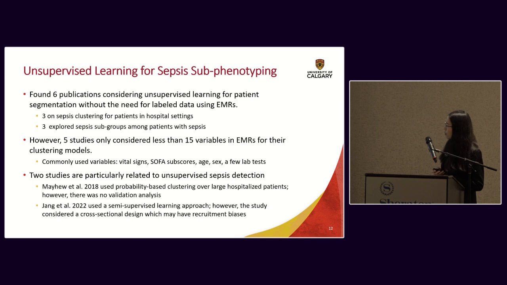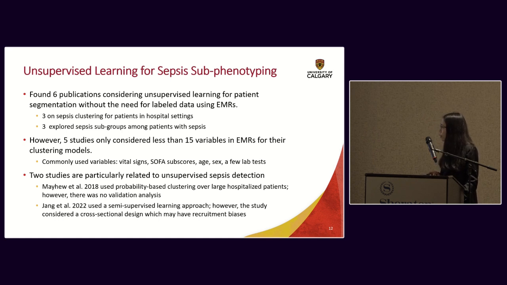And 2 of these 6 studies are particularly interesting because they use the unsupervised learning approach for sepsis detection. They did use only a small number of variables, but this modeling approach could scale up to a large amount of EMR data. The first one is Mayhew et al.